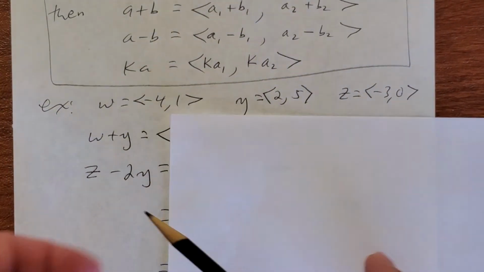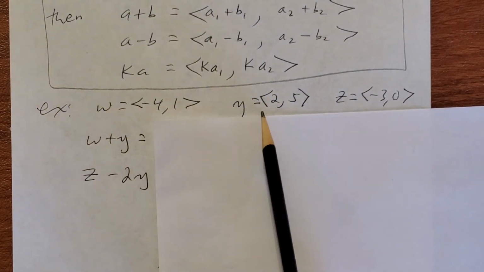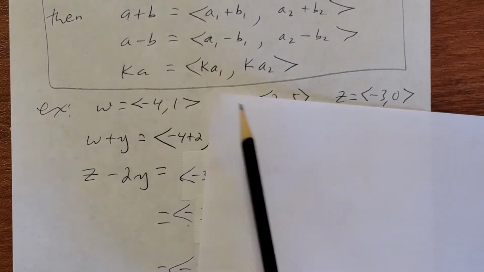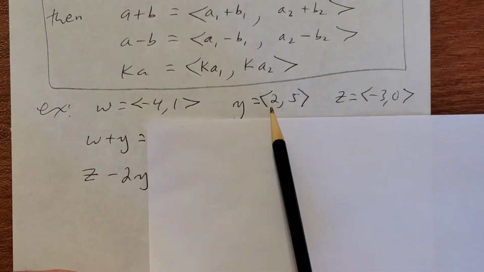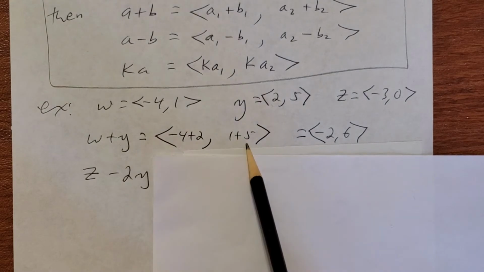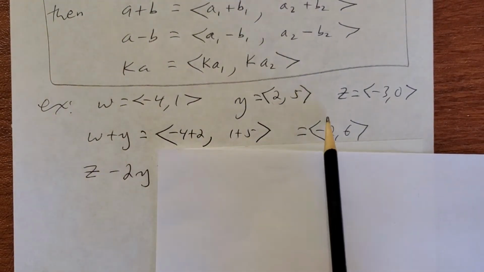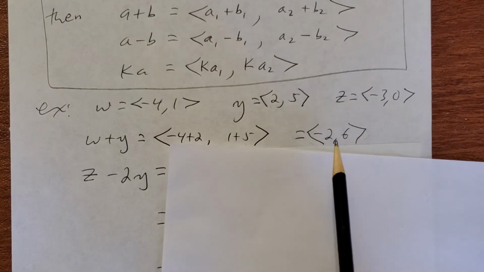That would be this vector plus this vector. So that would be adding the first, -4 plus 2, comma, 1 plus 5. That's what I did, and this is my answer.